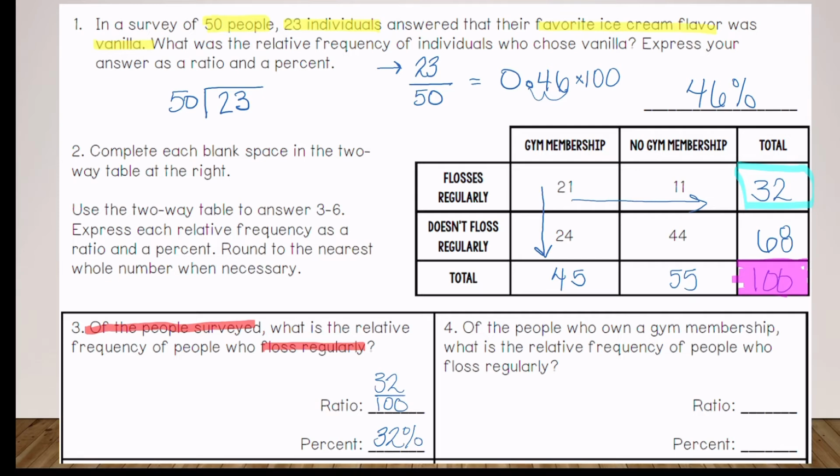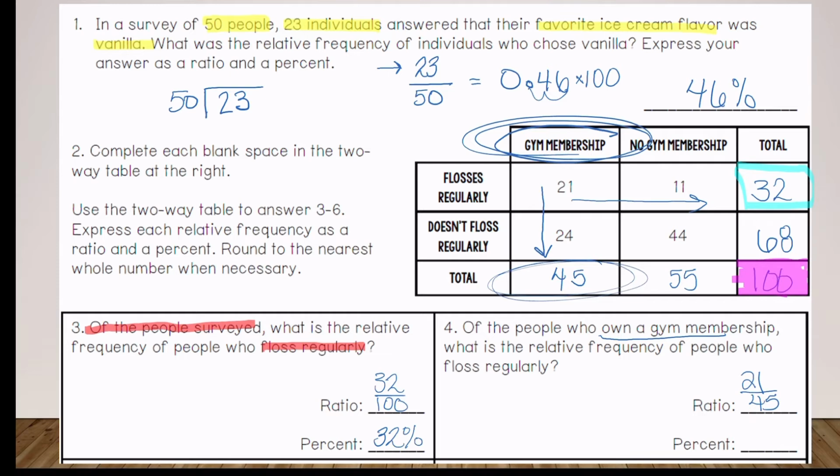So let's go to our next one. Of the people who own a gym membership, so we're looking at those that own a gym membership. Of these people, what is the relative frequency of people who floss regularly? So I'm only looking at these 45. That's the total I'm focused on because I only want the people that have a gym membership. And those who floss regularly is 21.